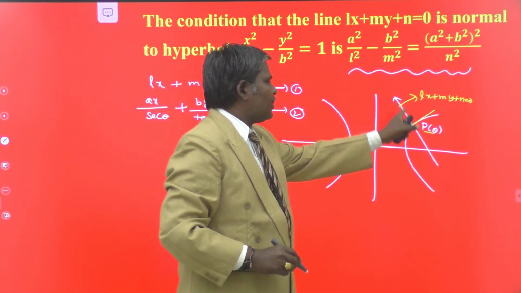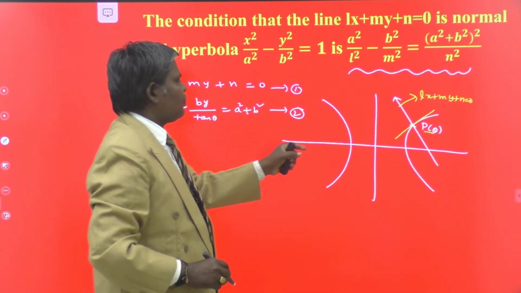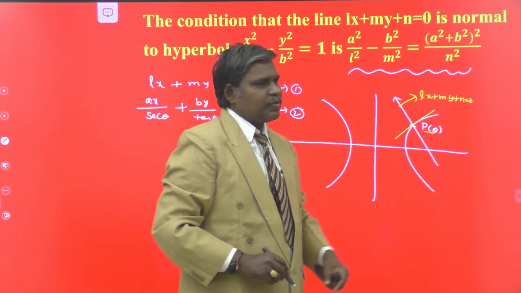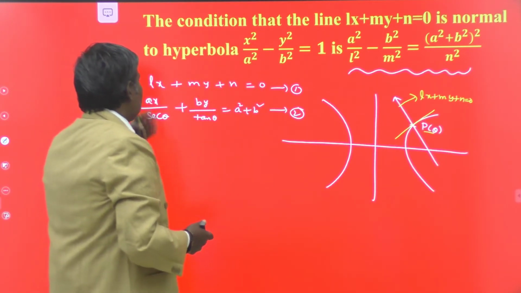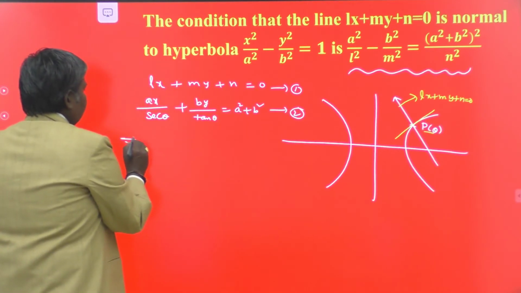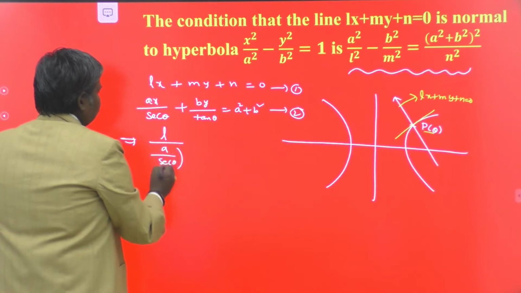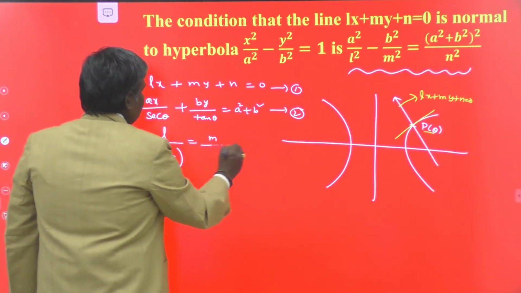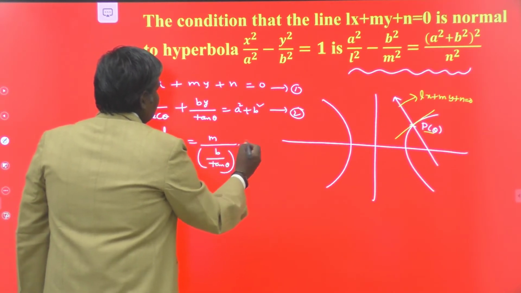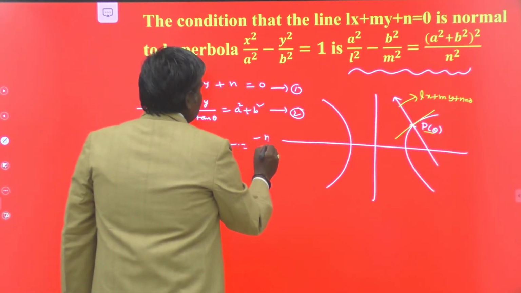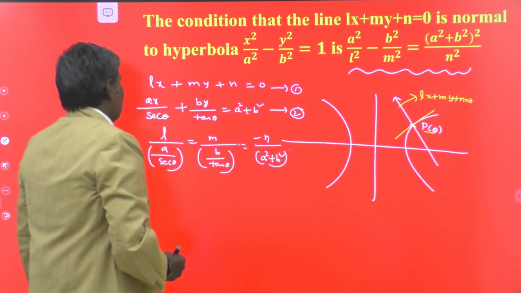The equation of the normal at P(θ) is ax/secθ + by/tanθ = a² + b², but we are taking that one as Lx + my + n = 0. Now both equations represent the same normal. Comparing like coefficients, we obtain L/(a/secθ) = m/(b/tanθ) = −n/(a² + b²).